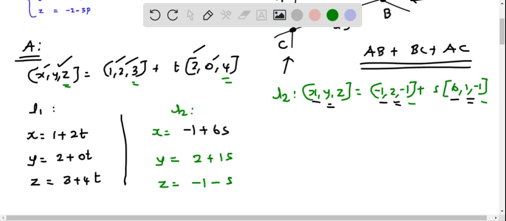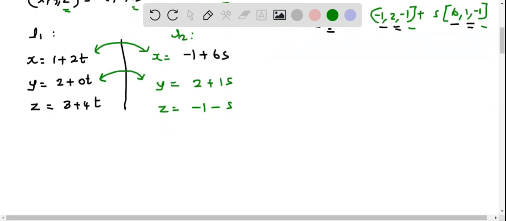Now let's see how to determine the intersection point. When line 1 and line 2 intersect, the corresponding coordinates will be the same. That is, the x of line 1 will be equal to the x of line 2, and the y in line 1 will be the y coordinate of line 2. So first, using these two equations, we will determine the values of s and t.